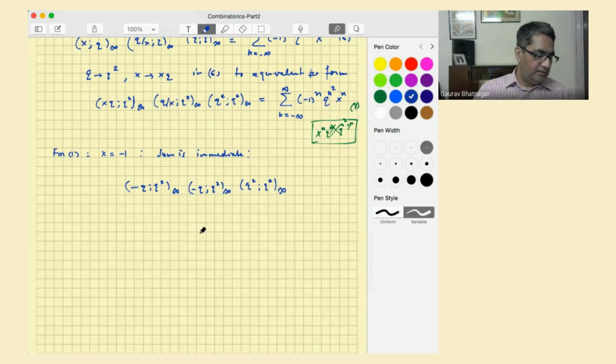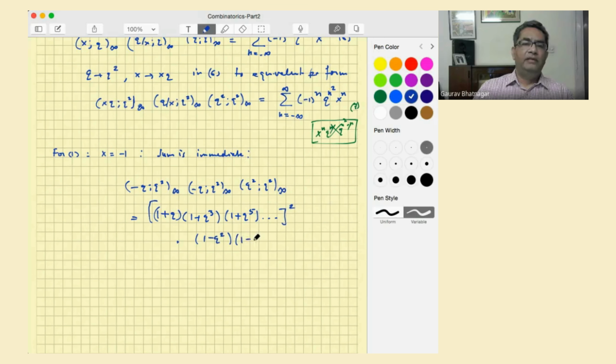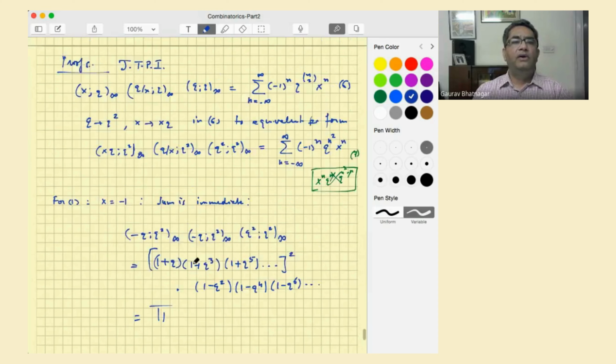So, what do you have to note? Well, you just have to note that this is 1 plus q, 1 plus q cubed, 1 plus q 5, and this whole thing is squared, these two together, and then this is 1 minus q square, 1 minus q4, 1 minus q raised to 6, and this is exactly what Gauss had over here.